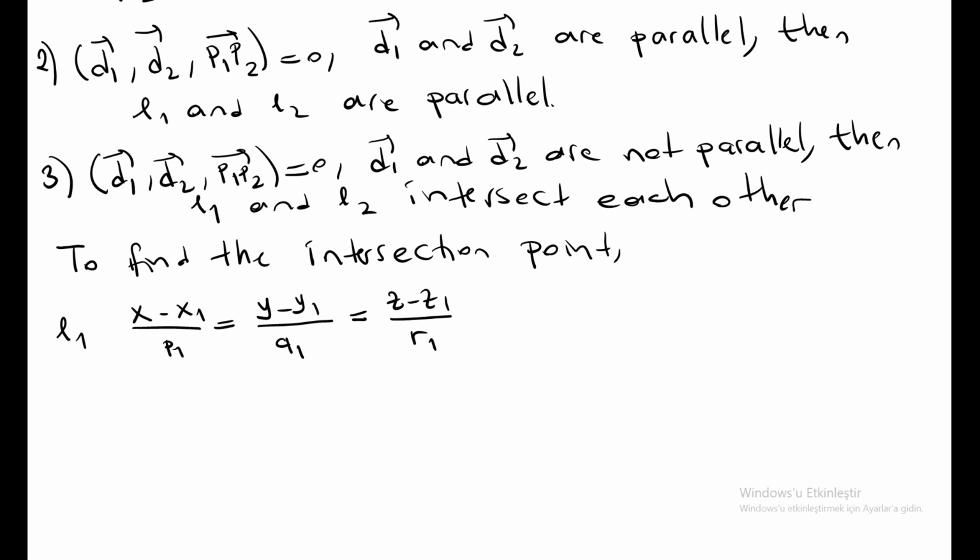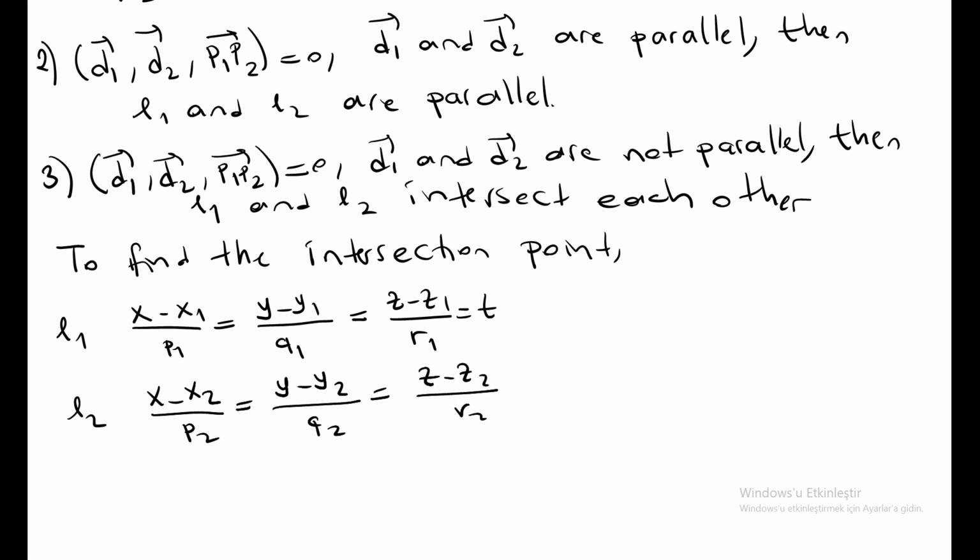This is the 1, so let's say t. L2, we have this one in this case, x minus x2 over p2, y minus y2 over q2, and z minus z2 over r2. So let's say t again.